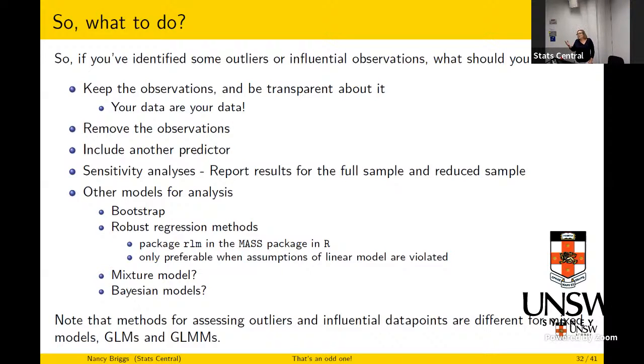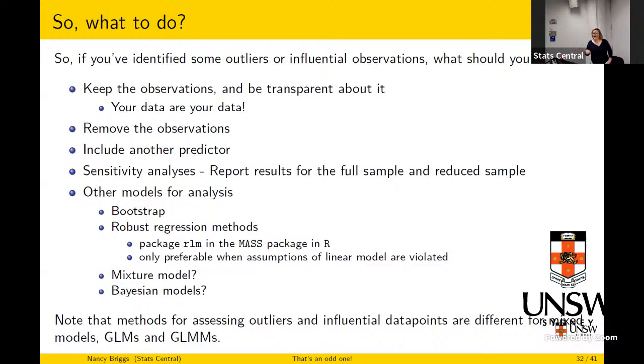You might be thinking, well, why don't we use that anyway? But there are statistical reasons why OLS estimates are preferred over estimates from robust regression methods. They're more efficient and unbiased than the estimates you might get from a robust regression method. So robust methods are really only preferable when you do have some violations of the assumptions of regression.